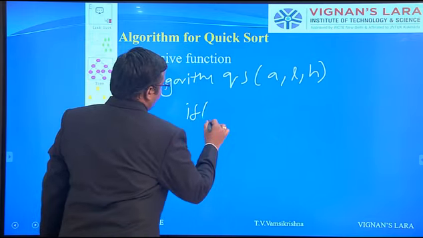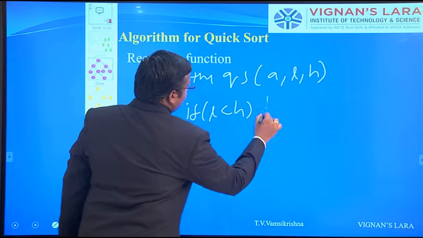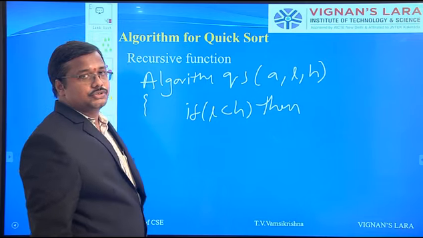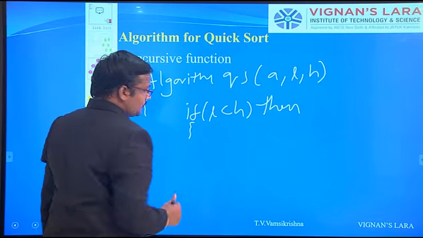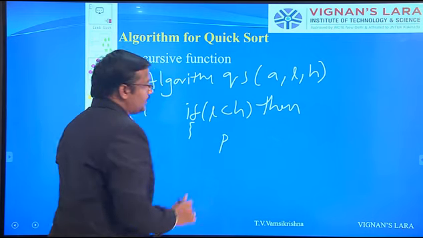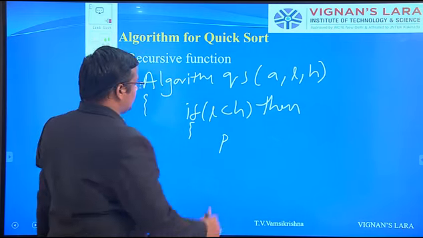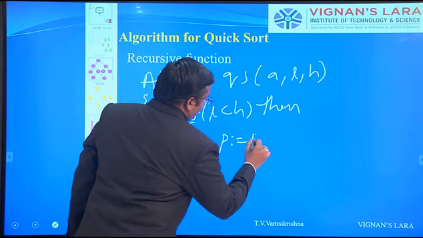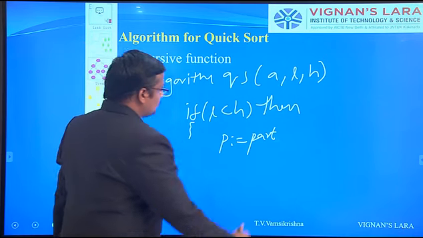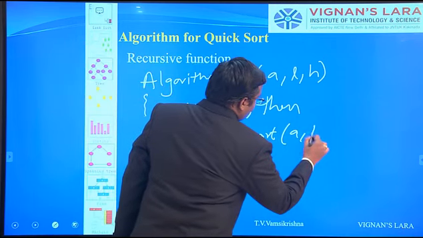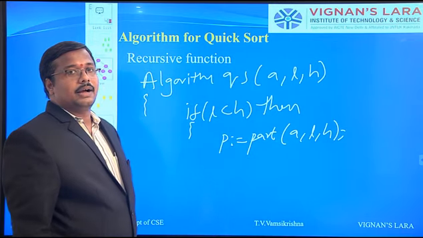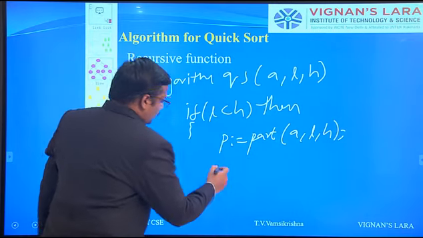If L less than H, then the partition position P is equal to partition of A comma L comma H, the function we defined previously.